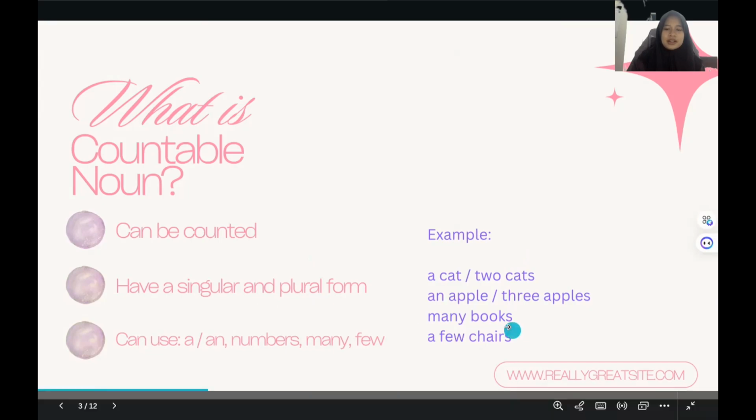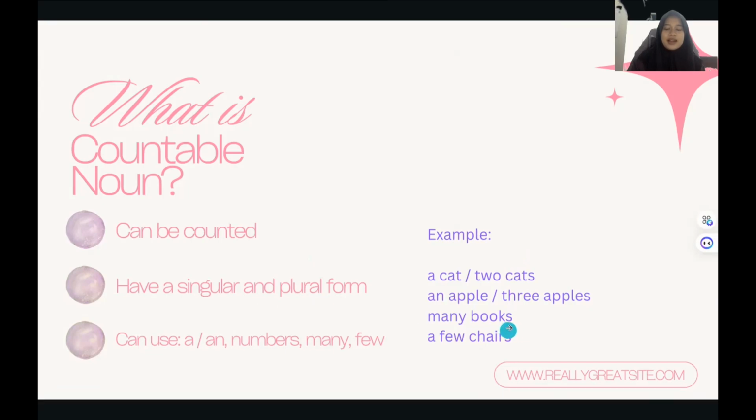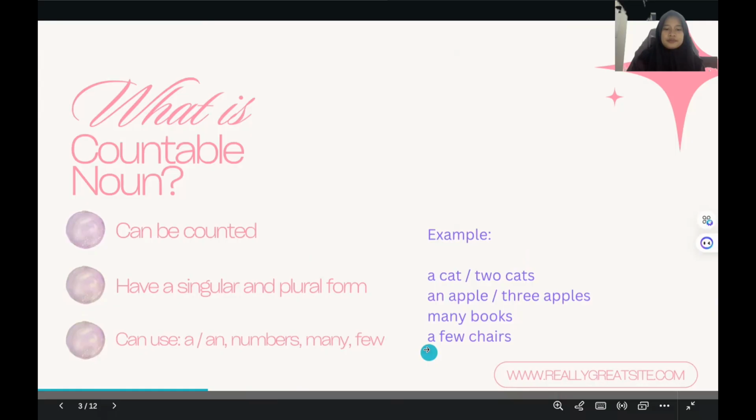Many books. There's an s behind book, so books means plural. A few chairs. Chairs is plural. And a few is also in the formula of countable nouns.